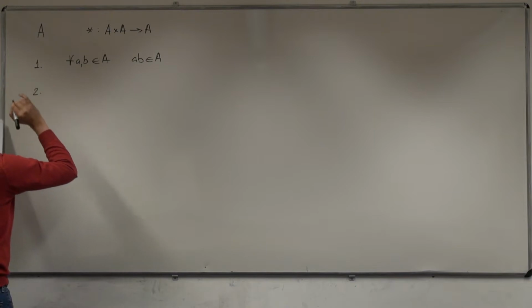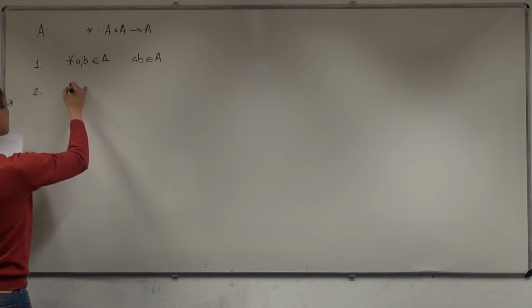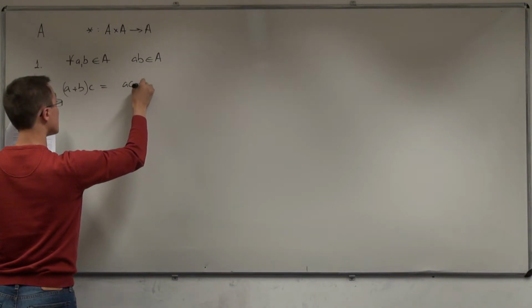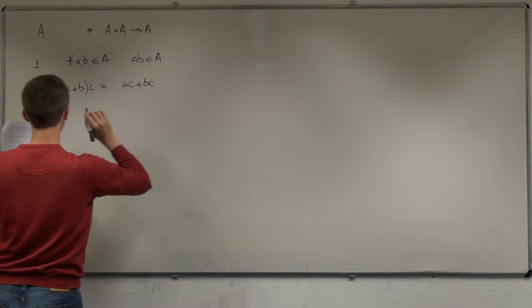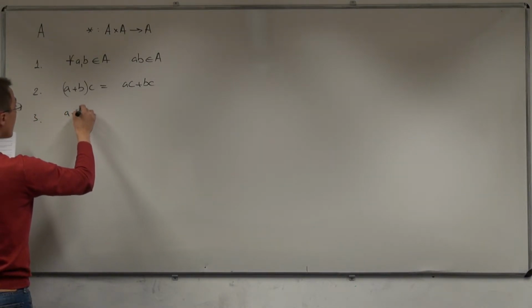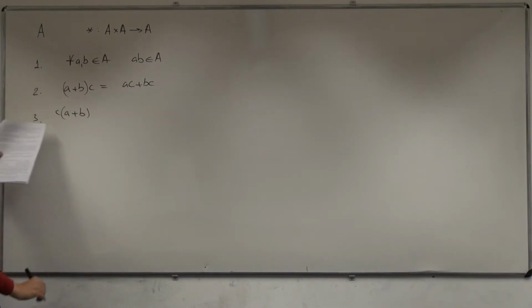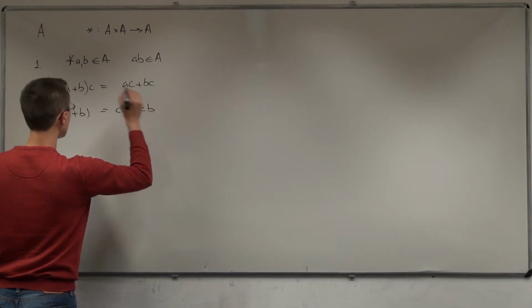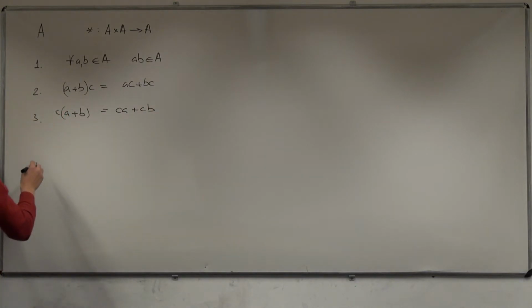Then there should be the left distributivity for that product, so A plus B times C should be AC plus BC. There should be the right distributivity, so C times A plus B, from this side, should be CA plus CB. And finally, there should be the associativity for the multiplication by a scalar.